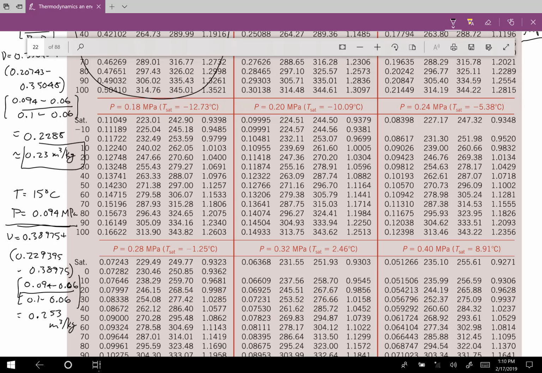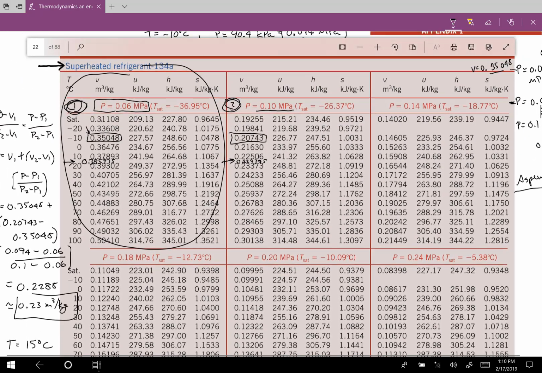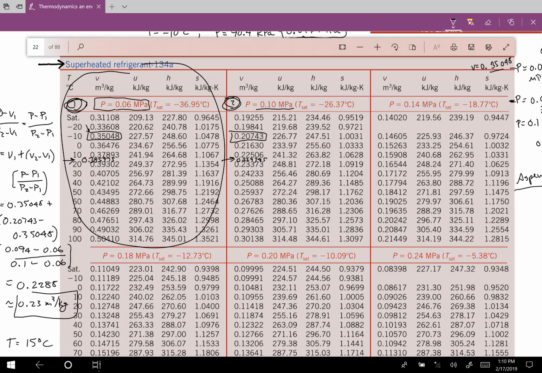So that means the specific volume at our second state is 0.253 meters cubed per kilogram. And before we go back to the slides and the problem, the third part of the problem asked for the total enthalpy.